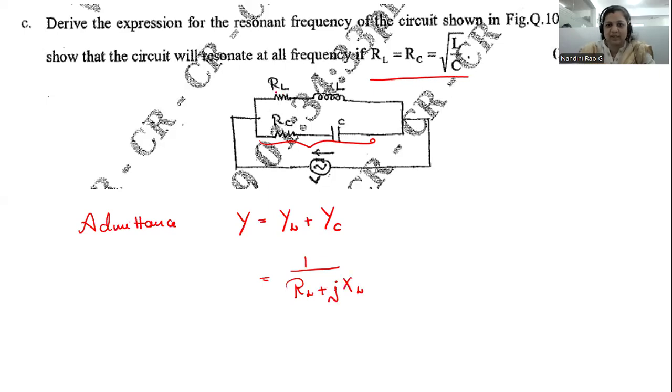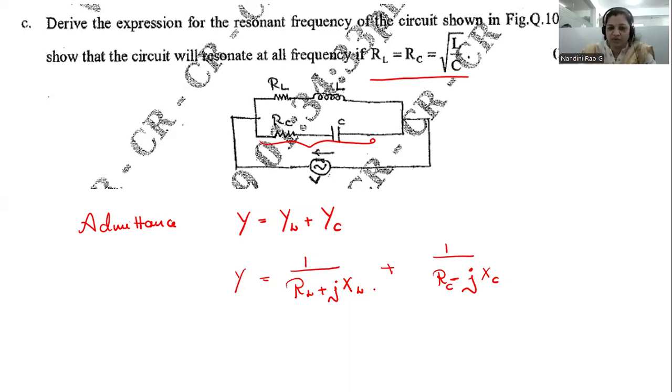There is an RL in series with the inductive reactance XL of inductor L. Plus YC is 1 by RC minus jXC. Remember, whenever you write capacitive reactance, please write it as minus jXC.